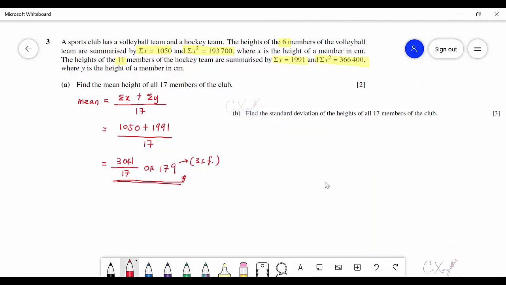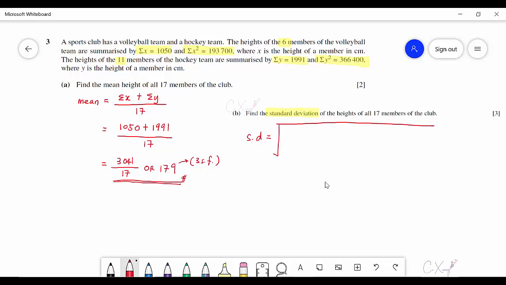They want you to find the standard deviation of the height of all the 17 members of the club. Okay, so what is the standard deviation formula when we want to combine the data for both teams?